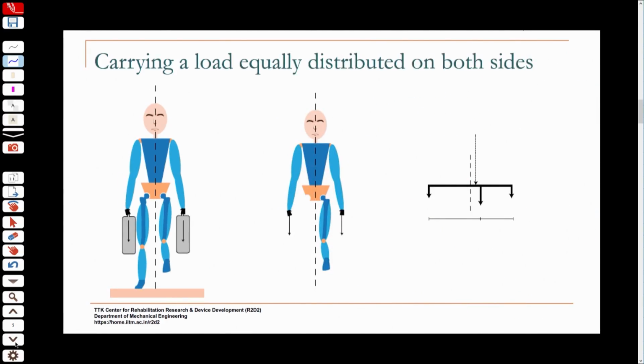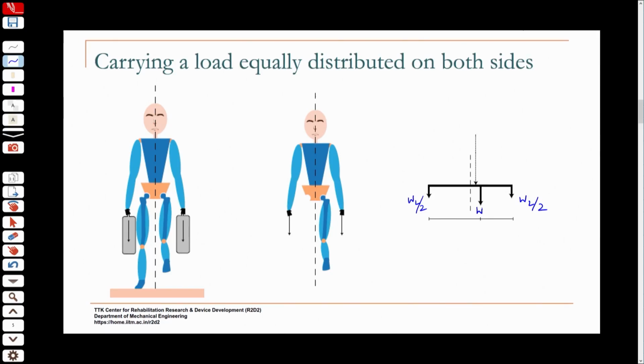Now, if I distribute the loads on either side, then my net, so if I say I am carrying WL on either side, let us just say the same WL, so let me call it WL by 2. Instead of carrying it on one side, I distribute it equally.